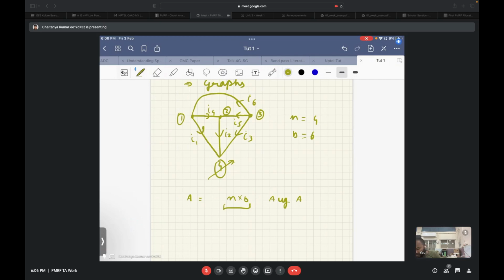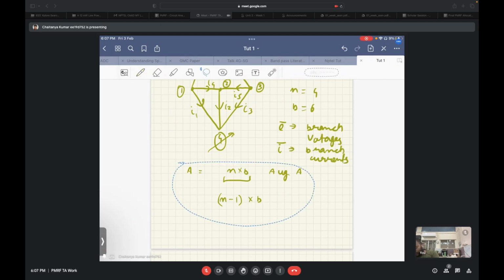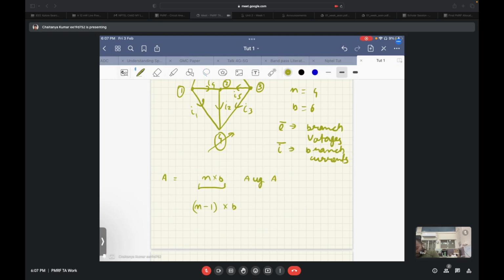If we consider one node as ground, then we get the actual incidence matrix, that is of n minus 1 cross B. Now, if we consider the vector E with all the branch voltages, and we consider the vector I with all the branch currents, and we have the vector V with all the node voltages.